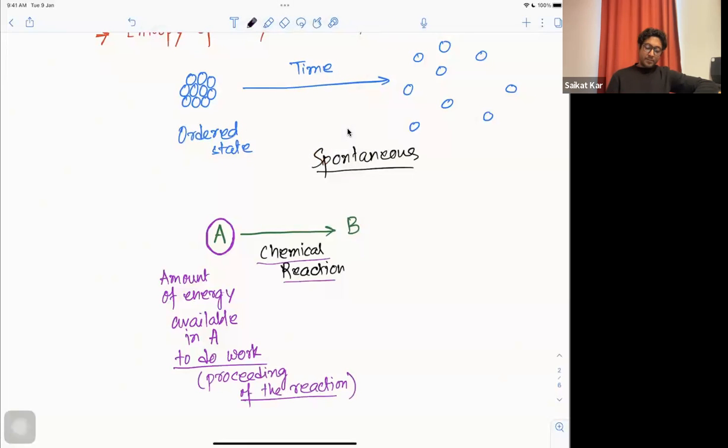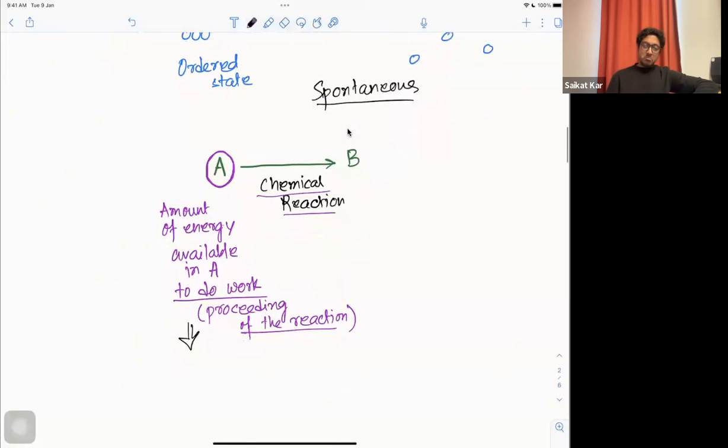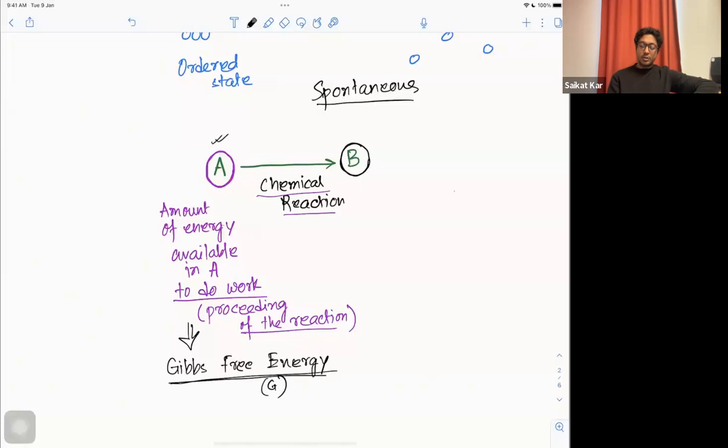is mentioned by a term called Gibbs free energy, G. So for any natural reaction, Gibbs free energy always decreases, because the amount of energy the reactant has should be more than the amount of energy in the product.